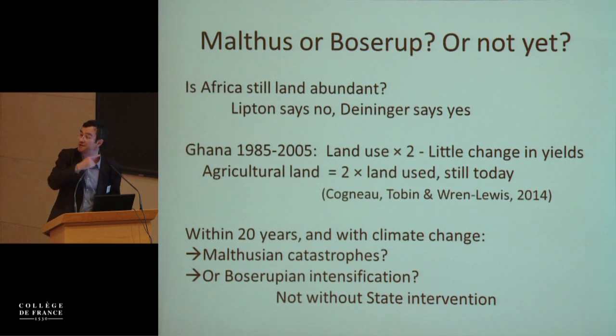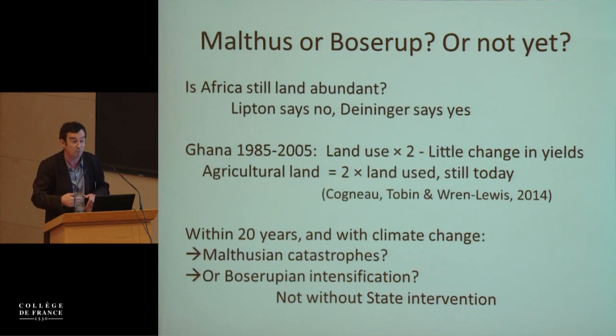So at the pace of the conquest of land that we observe today, if the pace is maintained, we should hit the wall of the Malthusian constraint within 20 years. But of course, given climate change and the acceleration of climate change, this constraint could be reached much earlier.